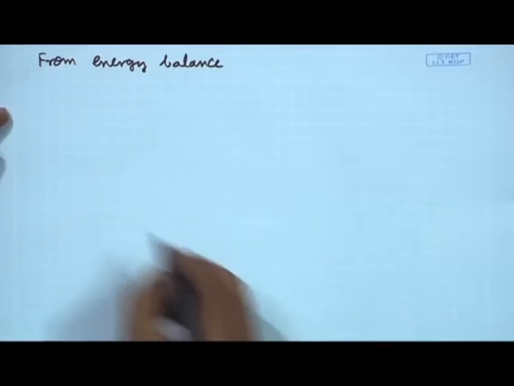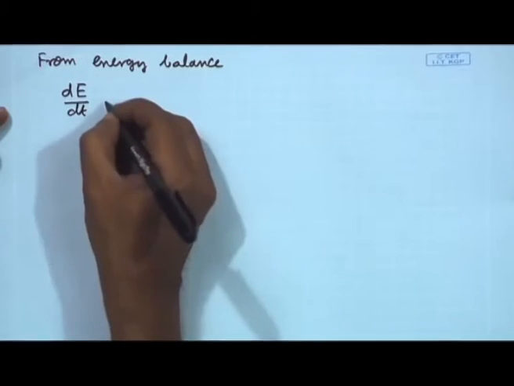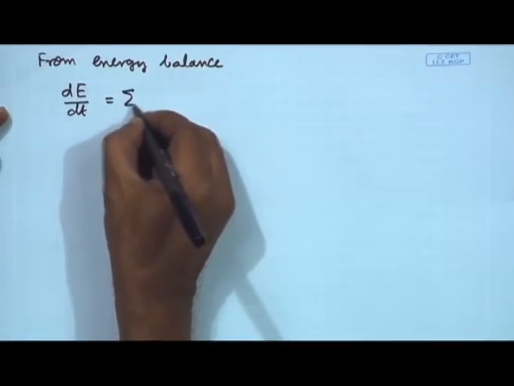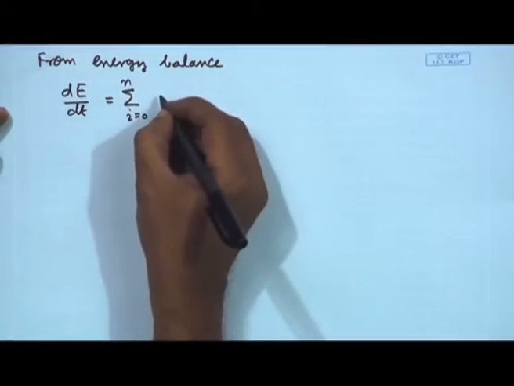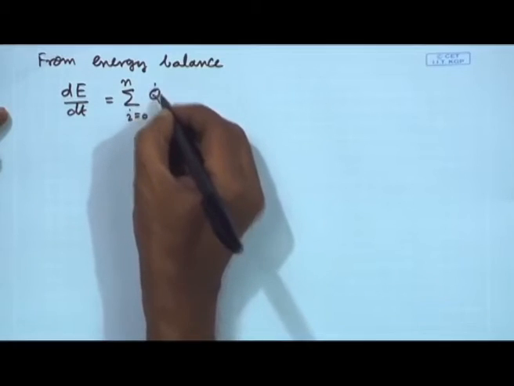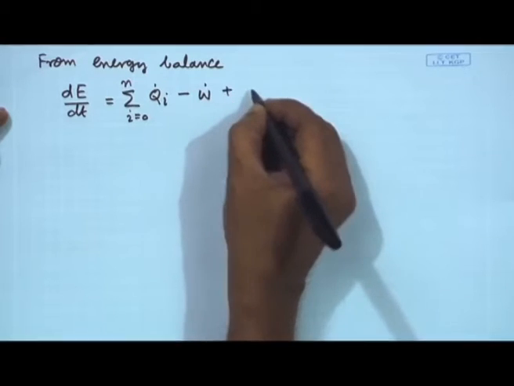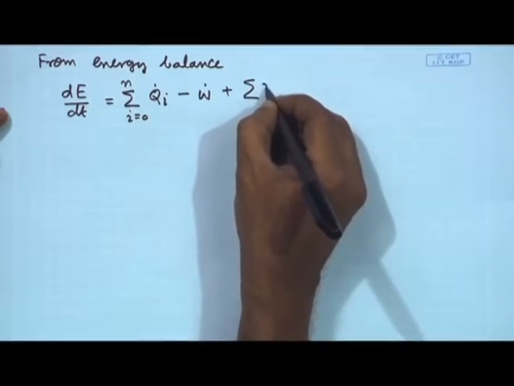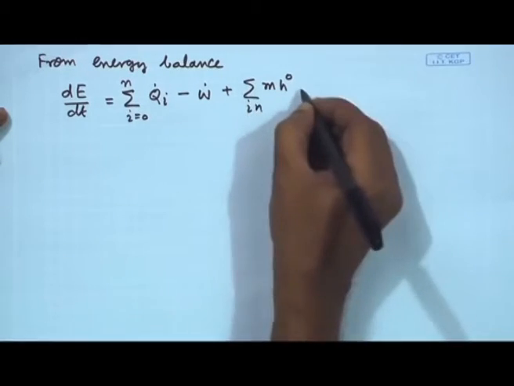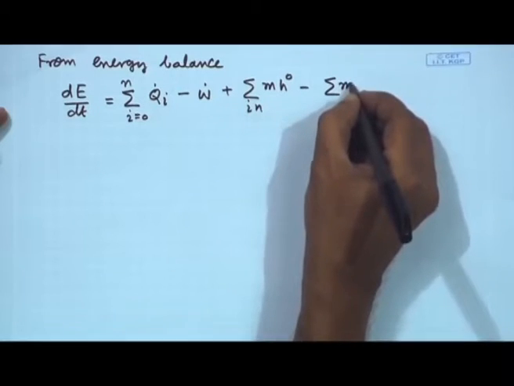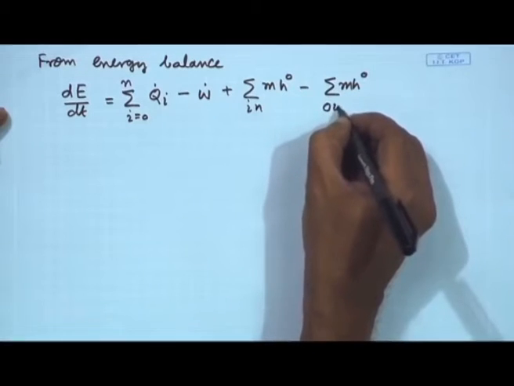From energy balance, what do we get? dE dt is equal to the summation, i equal to 0 to n, of q dot i, minus W dot, plus m dot h 0 in minus m dot h 0 out.